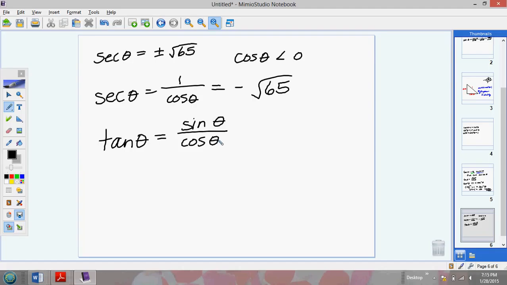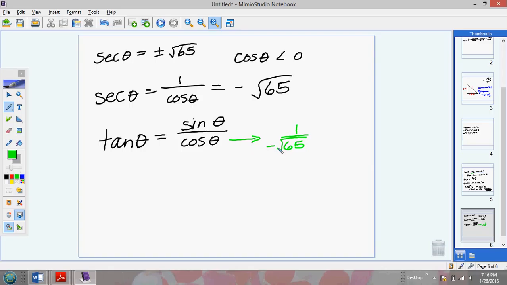Because of our reciprocal identity, cosine must be 1 over negative the square root of 65, since it is the reciprocal of secant.